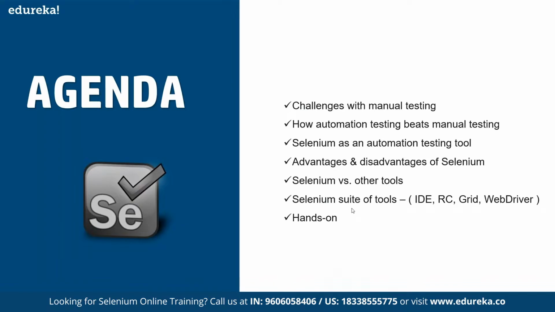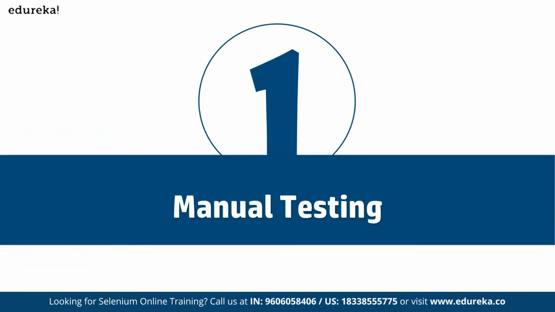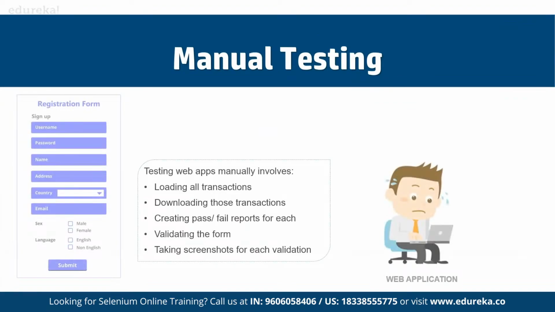Then we are going to talk about the advantages and disadvantages of Selenium, and how Selenium compares with all the other tools. And then we are going to talk about the Selenium suite of tools, as in the IDE, the RC, the Grid, WebDriver, and we are also going to discuss Selenium XPath as a part of our discussion today.